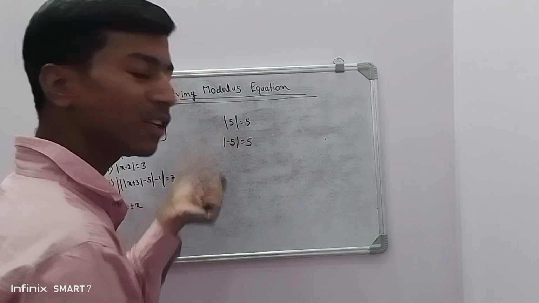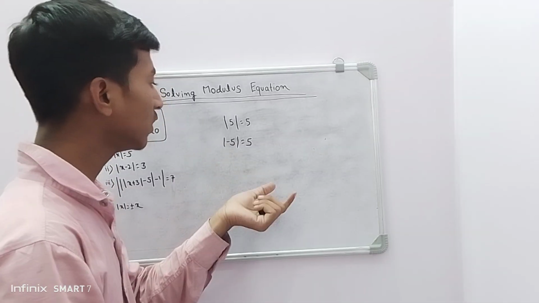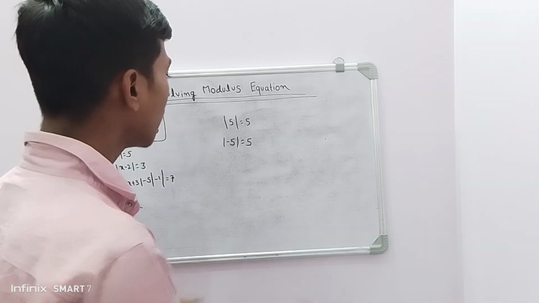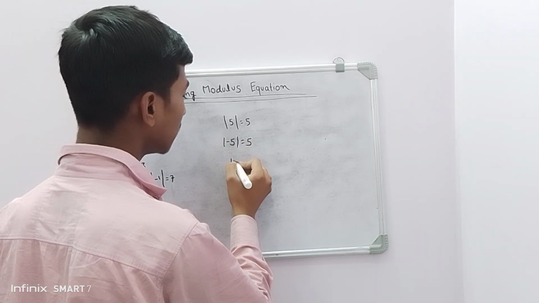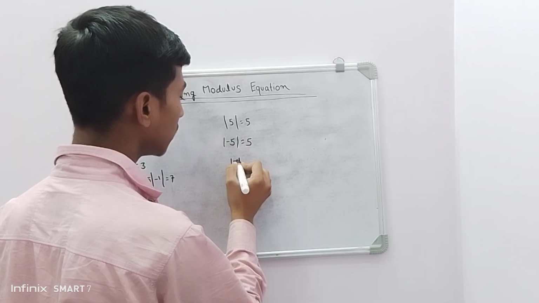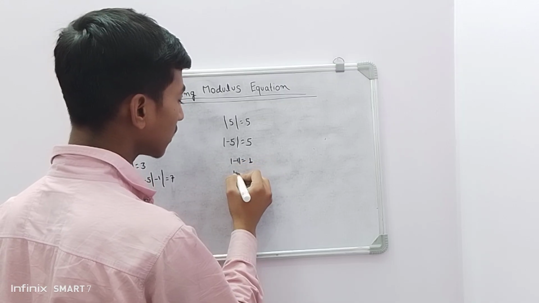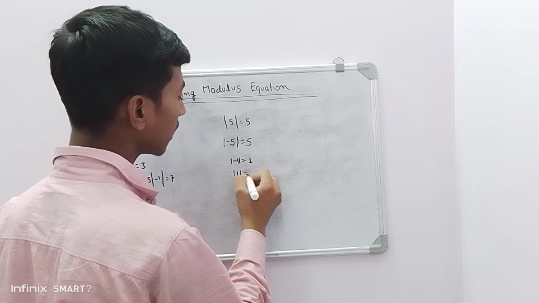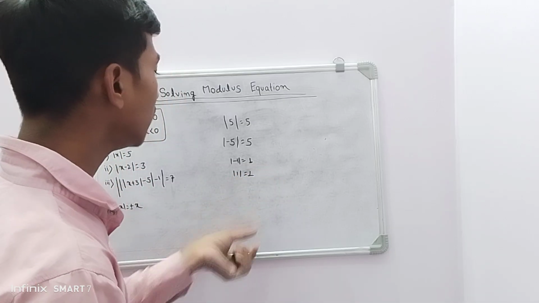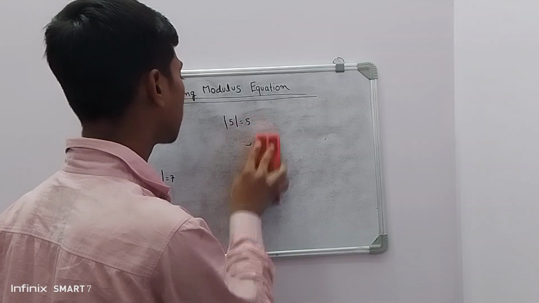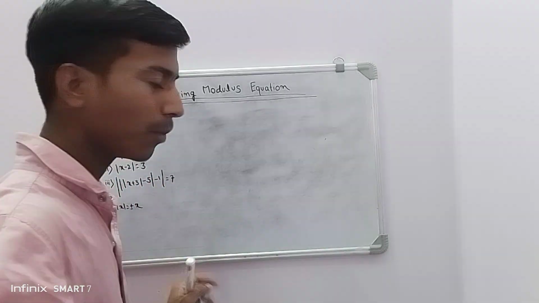You know this thing and you have heard that mod gives only the positive value, but you don't know how it is giving it. Suppose I insert minus 1 in the mod, then you get 1. If I insert plus 1, then you again get 1. But how is it giving this value? So I am going to explain how the values are given by the mod.